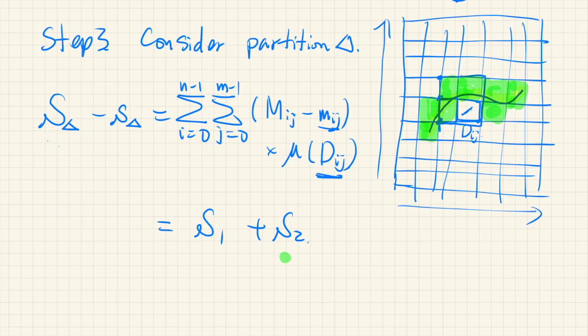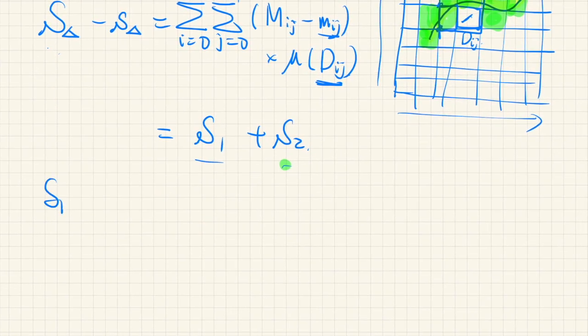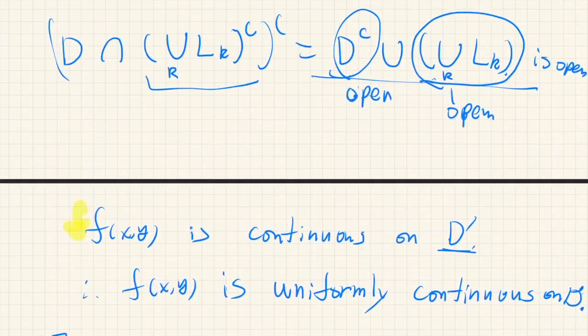Now let us evaluate these sums. First S1. For each term in this summation S1, we have Mij minus mij is less than or equal to 2M. By the way, this capital M here, without any indices, is the bound of the functional value.